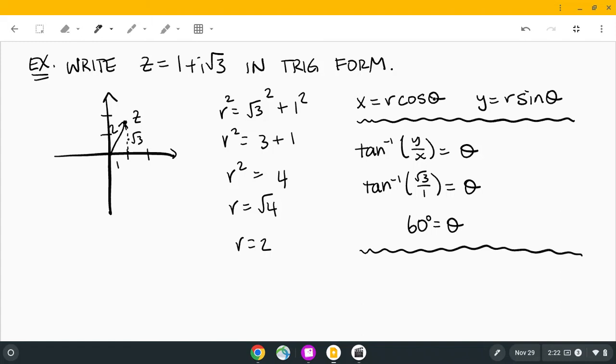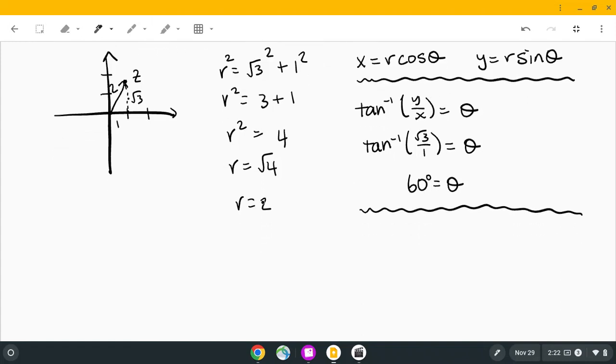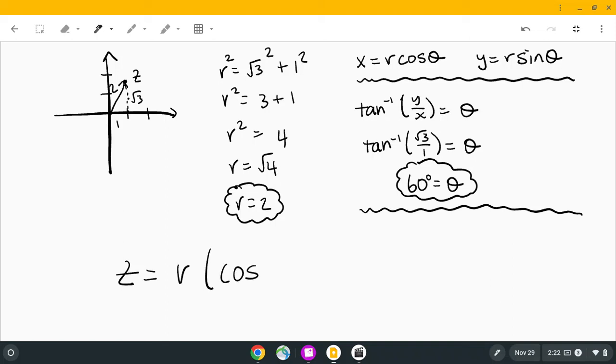And really, we only need r and theta to write the complex number in trig form, because remember, it's r cosine theta plus i sine theta.